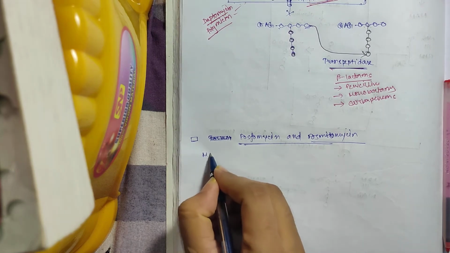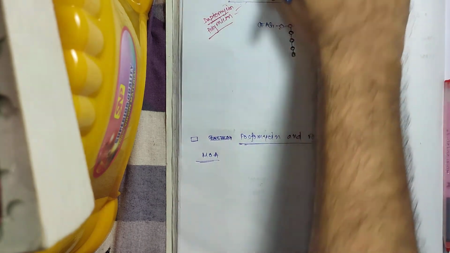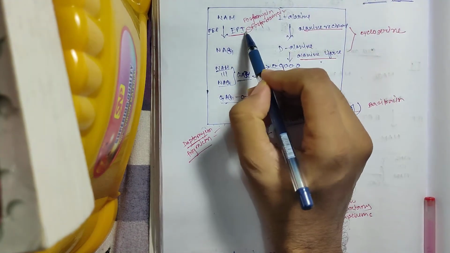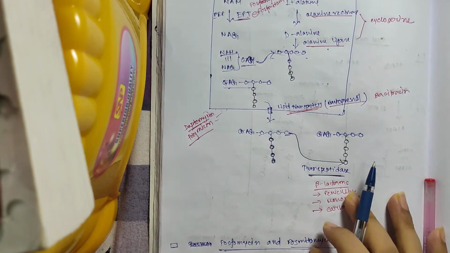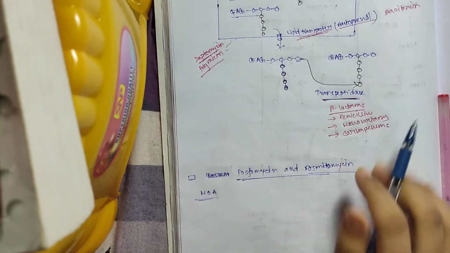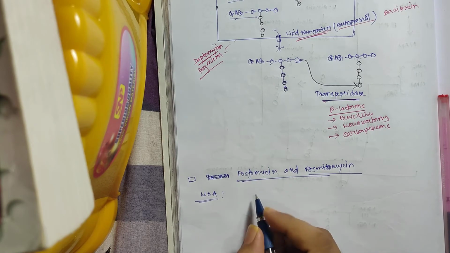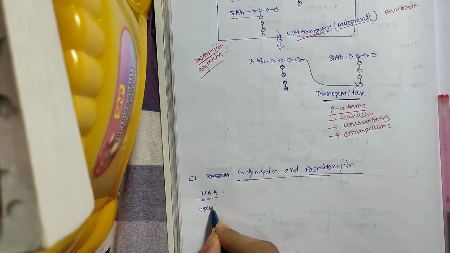What is their mechanism of action? Their mechanism of action is inhibiting the enolpyruvate transferase, right? And what is the spectrum, guys?